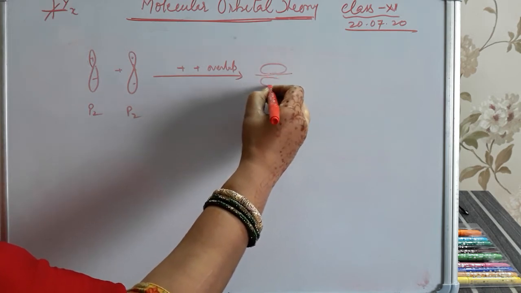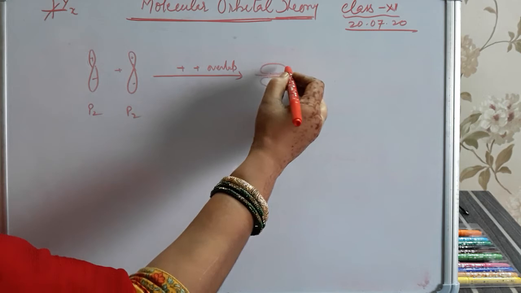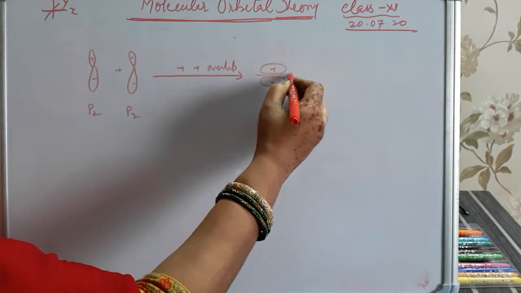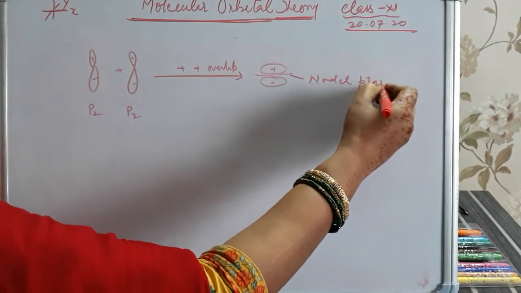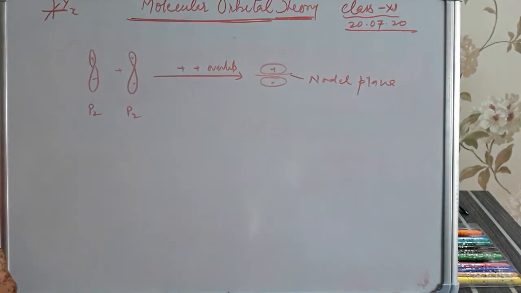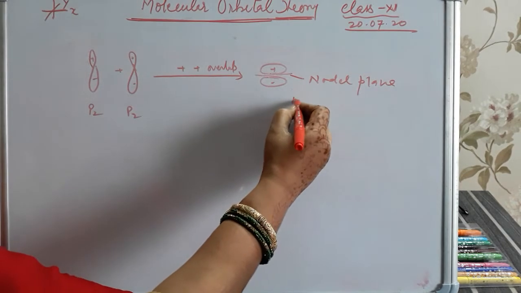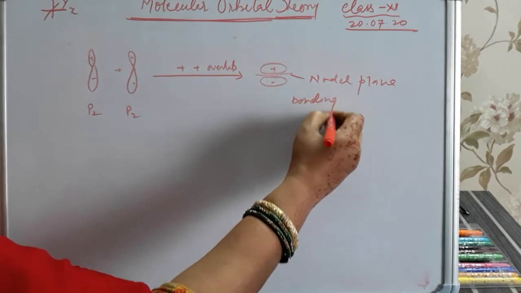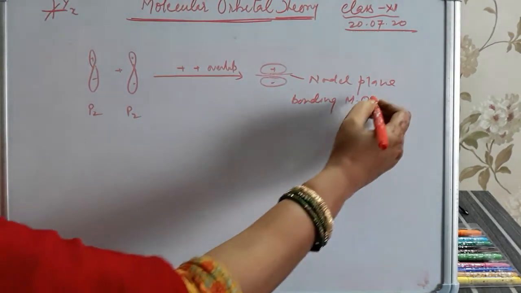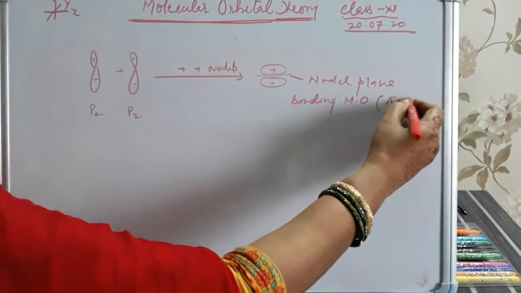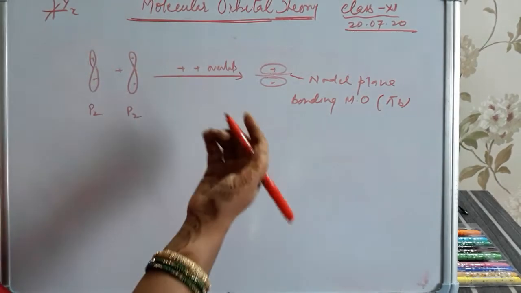This is the nodal plane. It is called the bonding molecular orbital, and it is indicated by pi, because side-wise overlapping takes place.